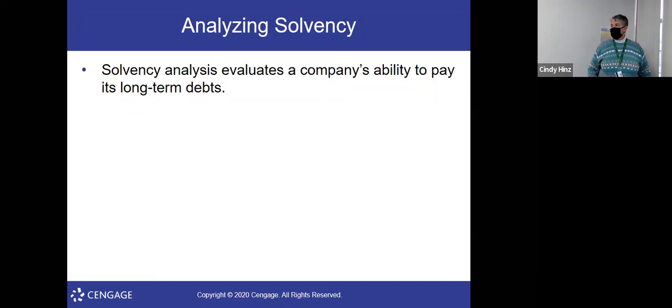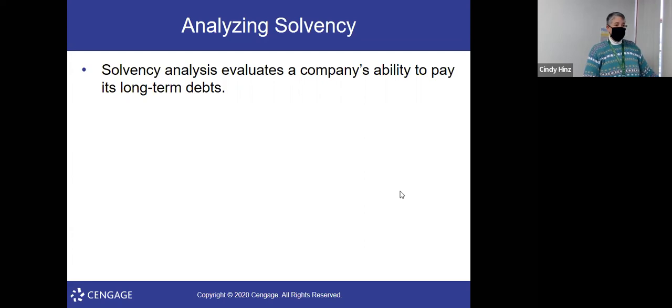I pointed out that there were a couple other areas that you might see in a full financial statement analysis. They included cash flow adequacy and market strength. So we're not doing those in this chapter, but those are definitely a big part of an analysis of a company.